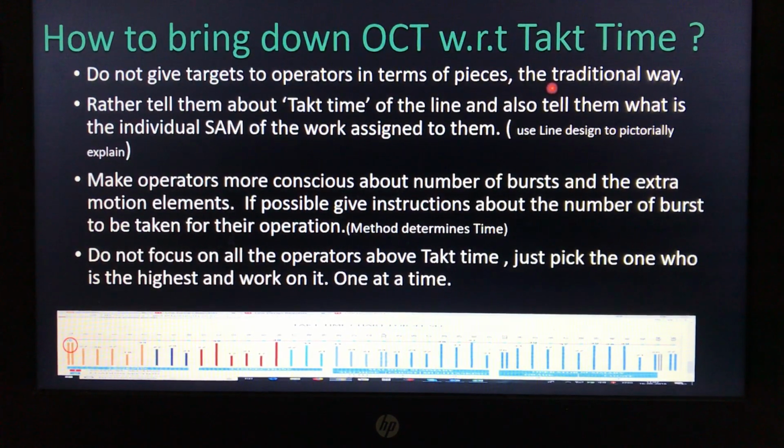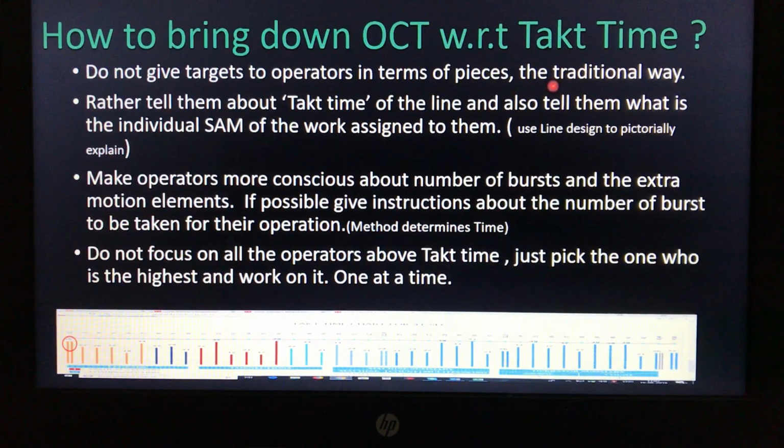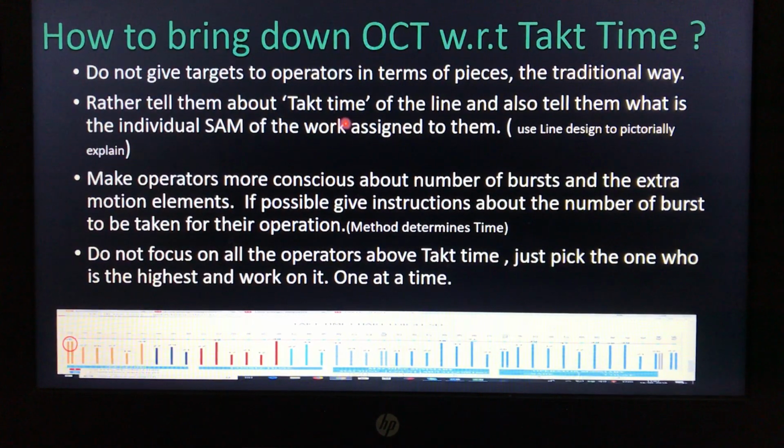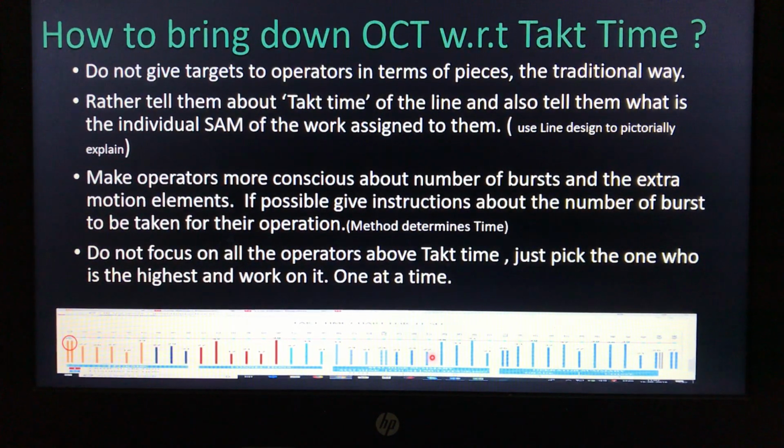Here, the key is, instead of telling them how much to produce, talk to them about takt time. And also tell them what is the SAM of their particular operation assigned to them. Every operator in the line should know their own SAM, and they should also know the takt time. They need to know the two values in terms of seconds or time instead of pieces.